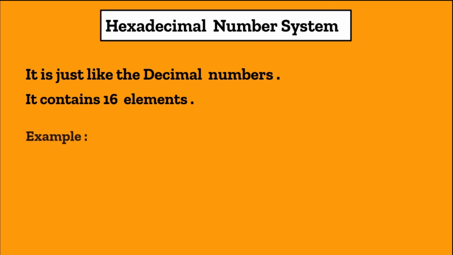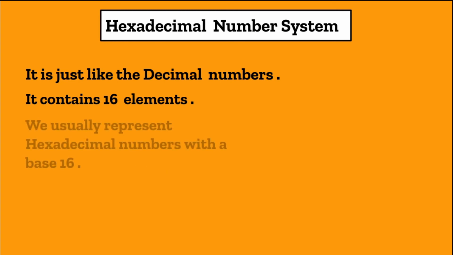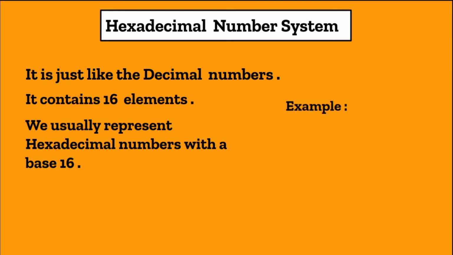Some of the examples of hexadecimal numbers are FA32, 1124, 11B3. Since we have 16 elements in the hexadecimal numbers, we will be representing a hexadecimal number by a base 16. These are the four number systems we will be using in digital computers.